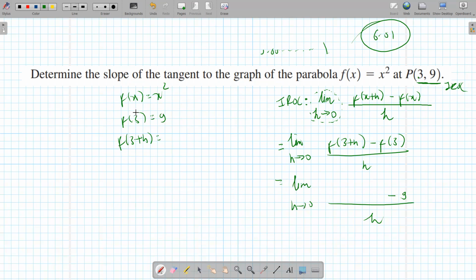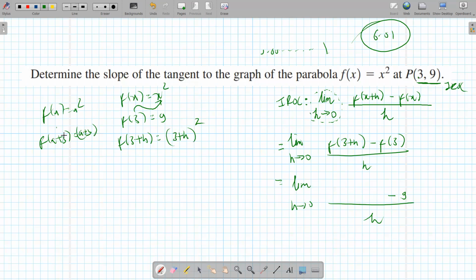So just like how you replace the x with a 3 to get a 9, you replace the x with whatever's in the bracket, 3 plus h. What's f of a? f of a would be a squared. What's f of a plus b? Well, it's going to be a plus b squared. Just replace that x with what's in this bracket.